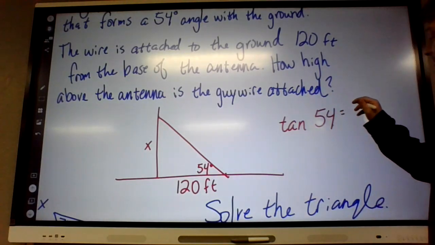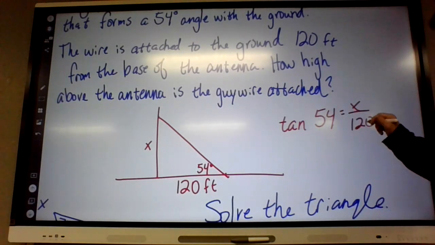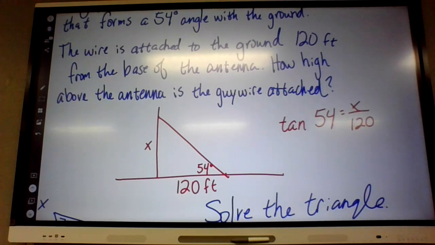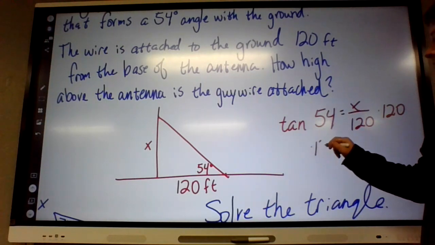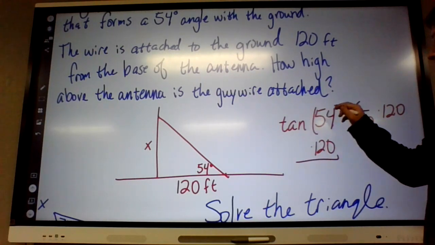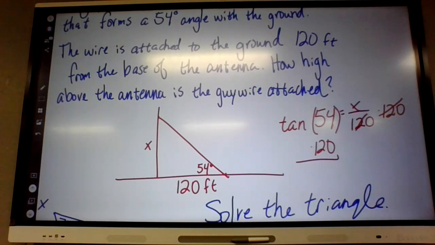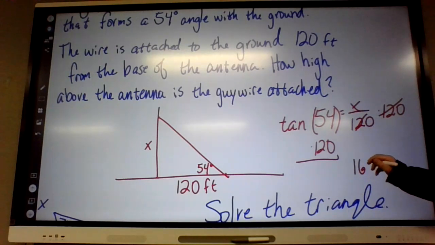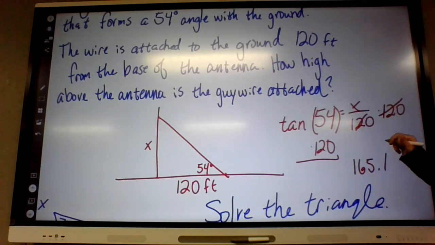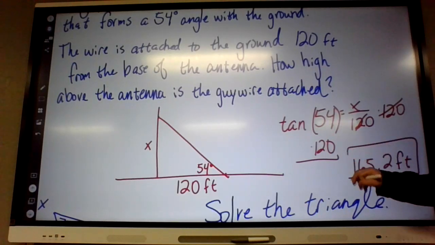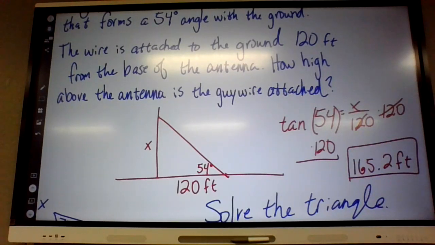Tangent equals opposite over adjacent. Tangent of 54 equals x over 120, so x equals tangent of 54 times 120. That's about 165.1.